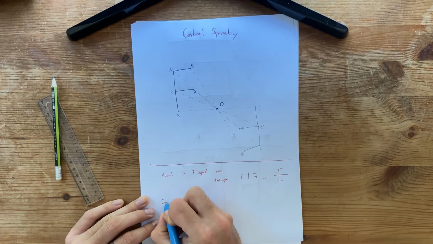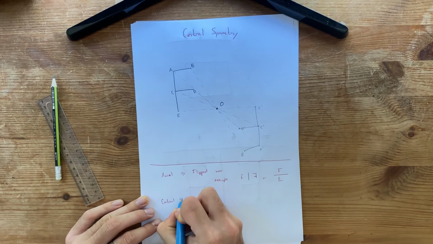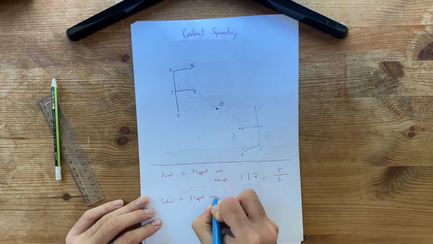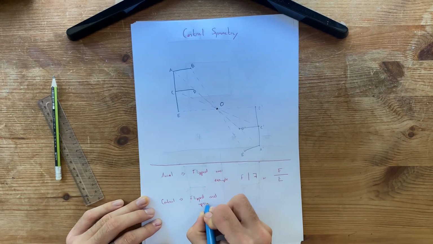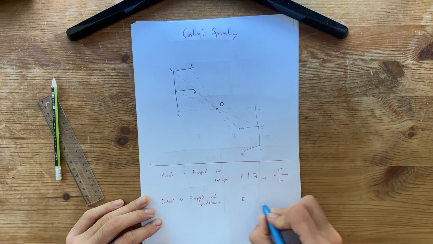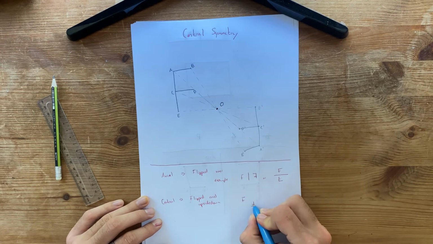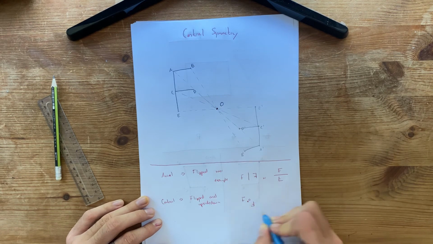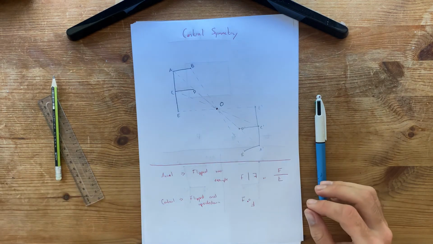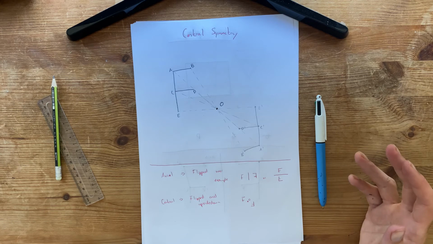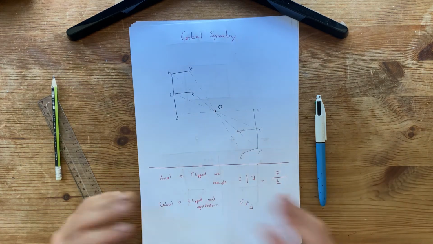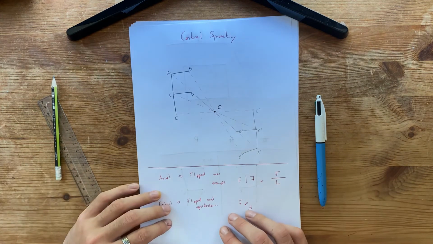And then central is flipped and upside down. So this becomes this. And it's always through some point. Central symmetry means it can go through a point to another place. So that's basically central symmetry and axial symmetry.